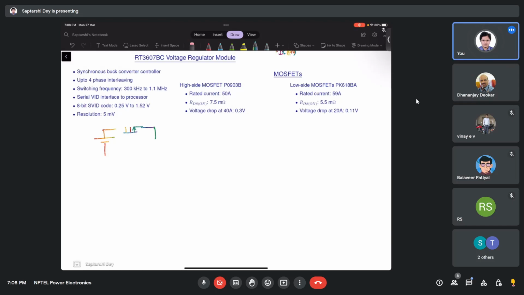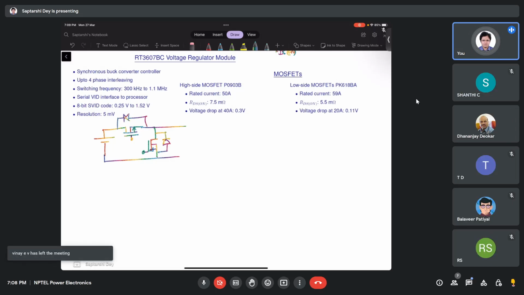So this is a MOSFET, this is another MOSFET, like this, and they have body diodes like this.